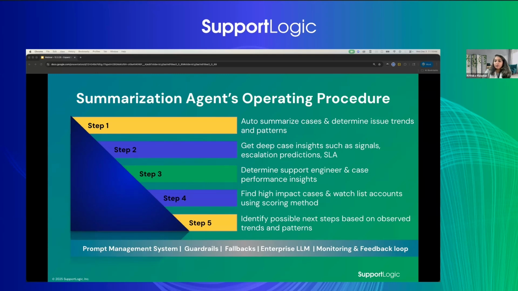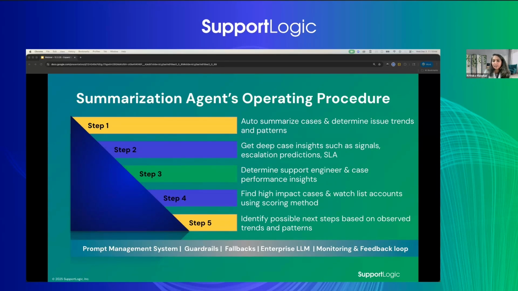And with all of this information, we have a systematic way of determining which are the high impact cases and what are the watch list accounts that you want to watch out for. So we have an inbuilt scoring mechanism through which we are able to surface these high impact cases and watch list accounts when you're looking at either one account or multiple accounts.